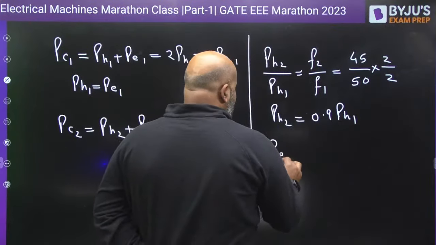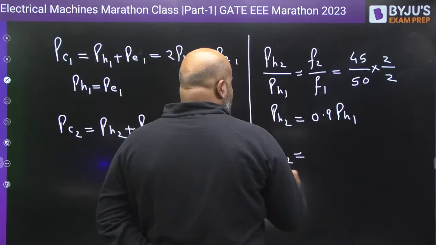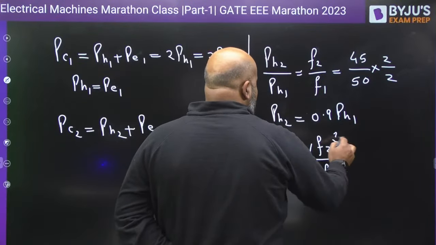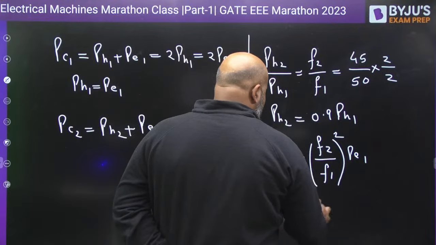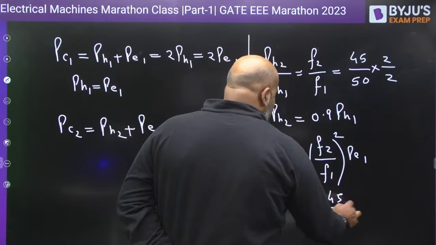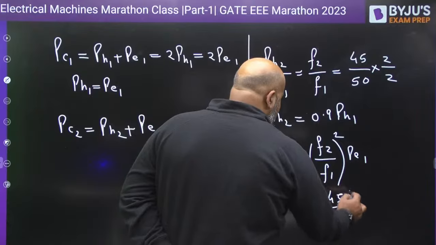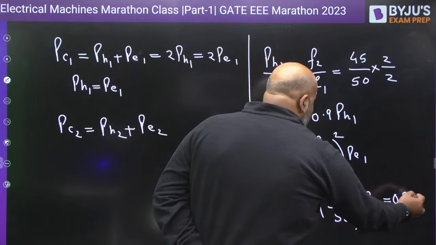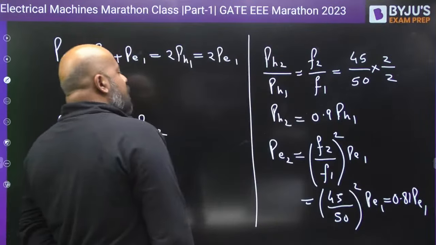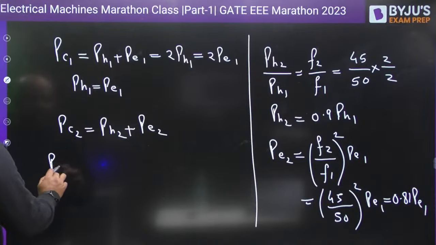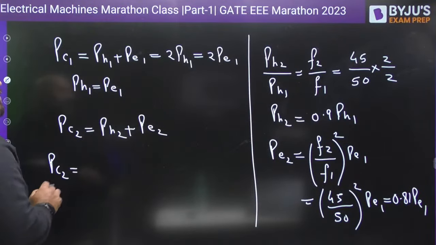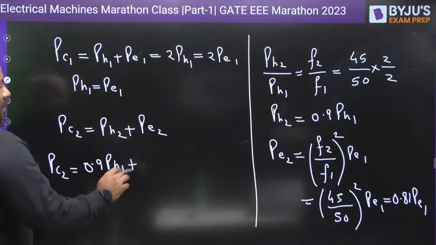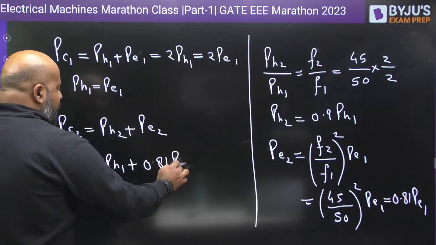Similarly, can you write it for eddy current losses? Eddy current losses are going to be F2 upon F1 whole square, times PE1. F2 is 45, this is 50 to the square. So it must be coming at 0.81 PE1. So now if you find PC2, PC2 is going to be PH2, 0.9 PH1 plus 0.81 PE1.